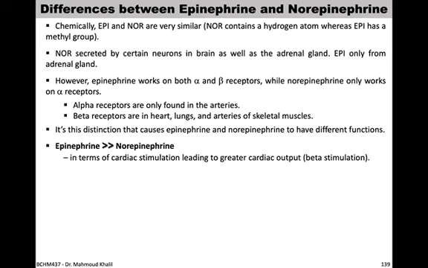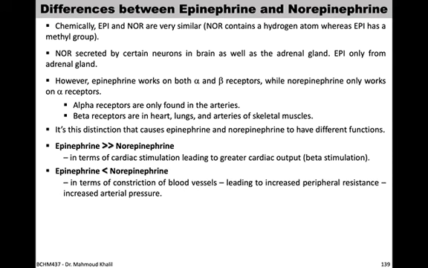So epinephrine's action is way higher than norepinephrine's in terms of cardiac stimulation, leading of course to an increase in the cardiac output, and this is due to beta receptor stimulation.